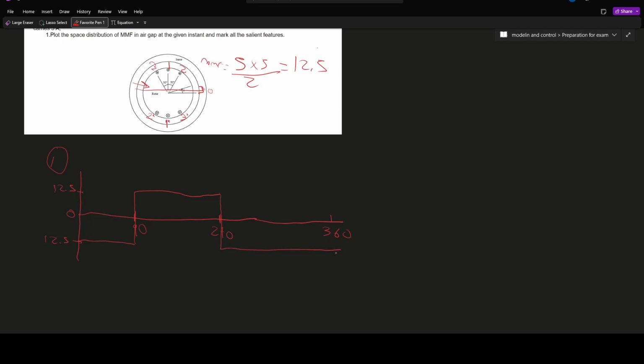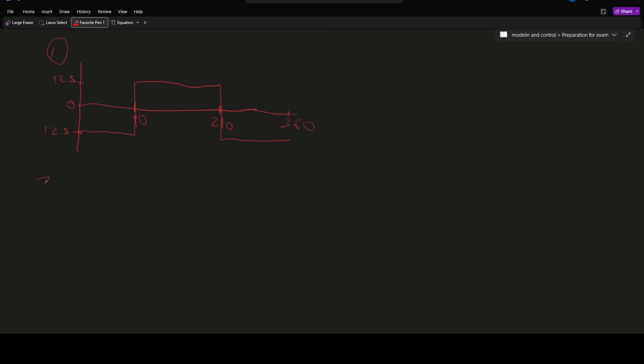I think this 360 is a little bit far away. 360. We know that is negative. Okay, now we are going to do it for the second coil. We have the same at the beginning. The magnitude doesn't change. Here we have 0.